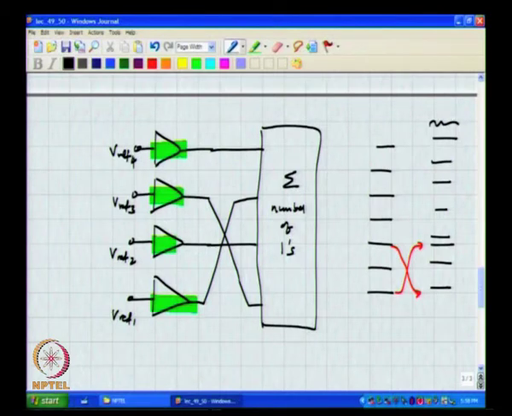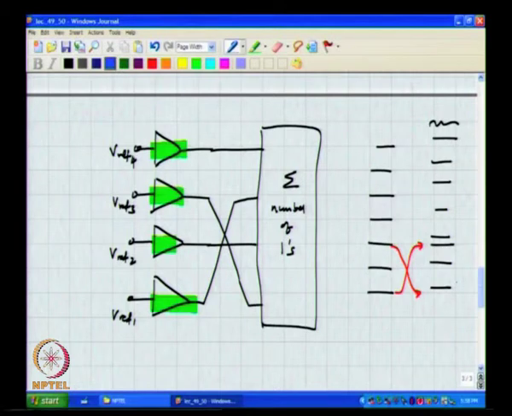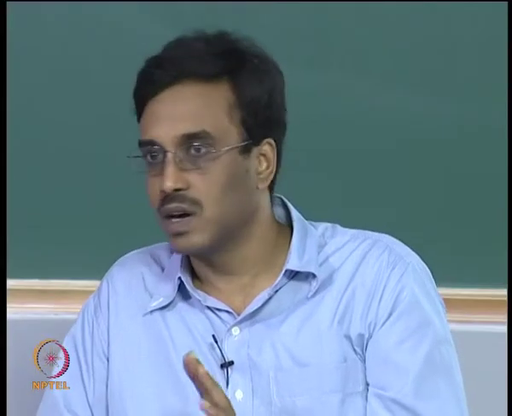So, regardless of the amount of offset in these comparators, the characteristic will always be monotonic, correct. You understand. So, if the input increases, you cannot have a situation where the output code comes down.